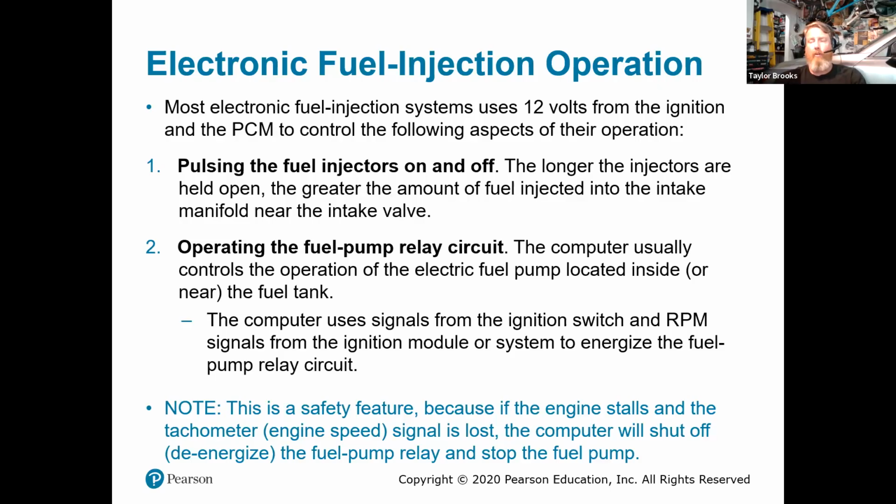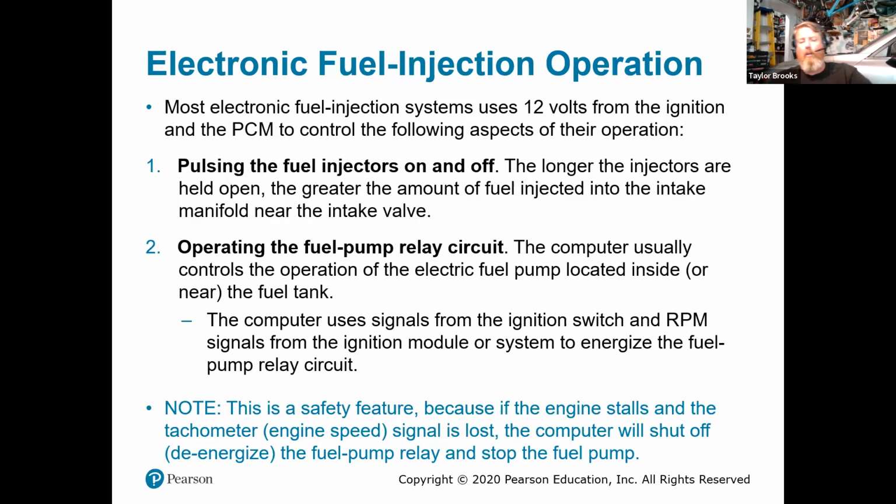That will involve allowing an electric fuel pump to feed moderate pressure to the fuel rail and pressurize that so that the injectors have a constant feed. And when I say moderate fuel pressure, we're looking at anywhere between 30 to about 60 psi on average for a fuel injection system.